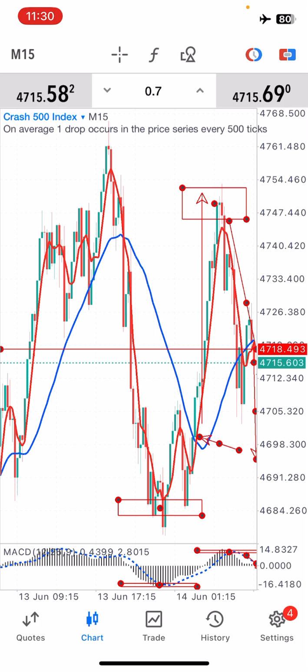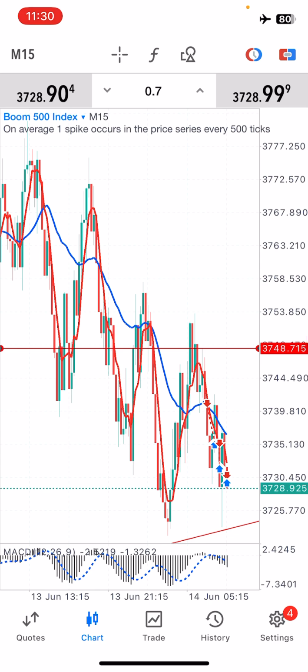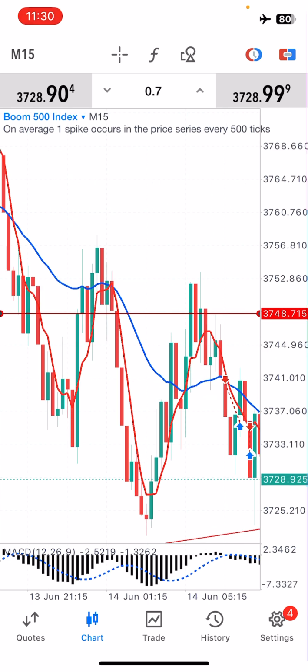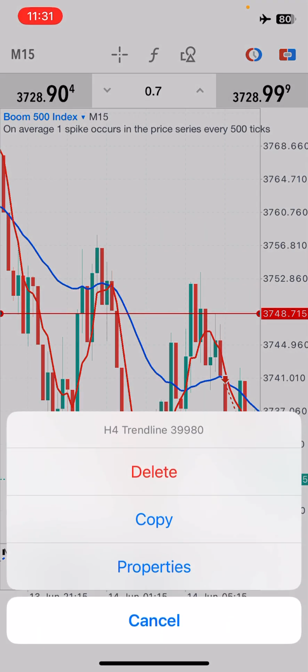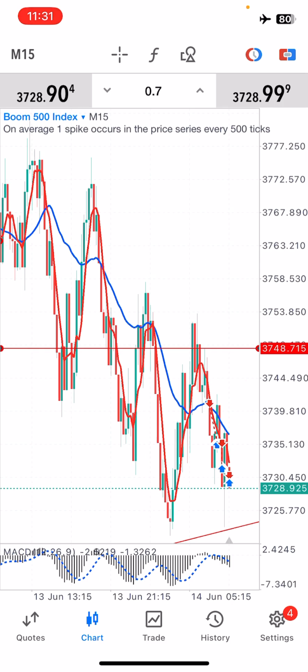Okay, so maybe let's take a look at Boom as well. I like Boom because it has a very high peak value, and what it was doing this morning was just awesome because it was just confirming and confirming and confirming my strategy. The way it was moving, can you see that it was setting peaks?